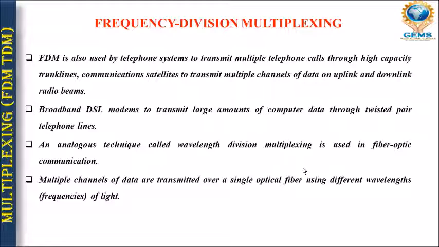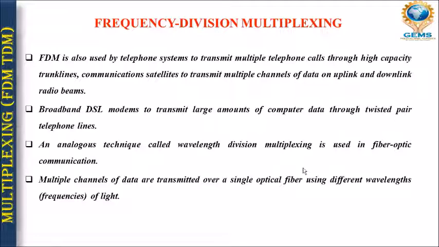If we have a large amount of data, it is divided into multiple channels, and these multiple channels are transmitted over a single optical fiber. We don't have to use several optical fibers. A single optical fiber is self-sufficient to transmit these multiple channels of data having different wavelengths.